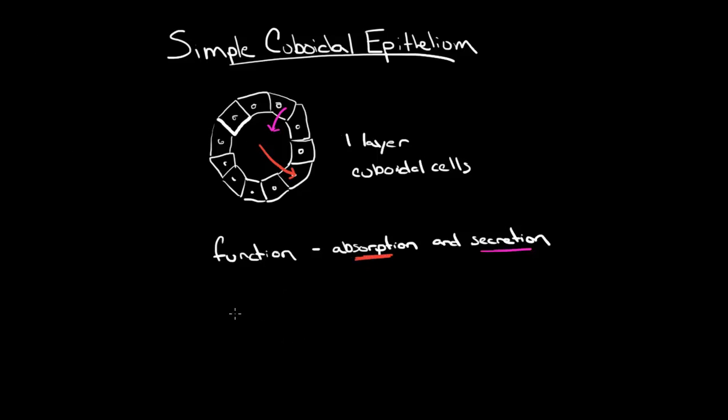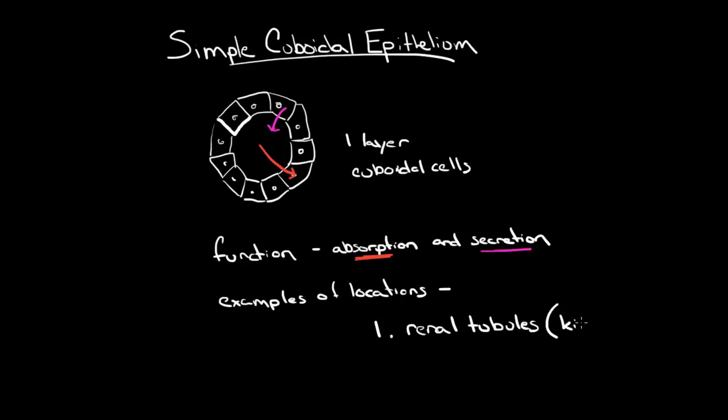Okay, now, where do we find this in the body? Let's give some examples of locations. Where do we find simple cuboidal epithelium? Well, a great place to find it is what we call the renal tubules in the kidneys.